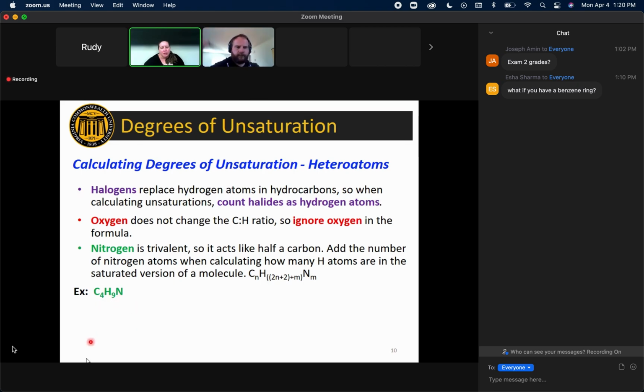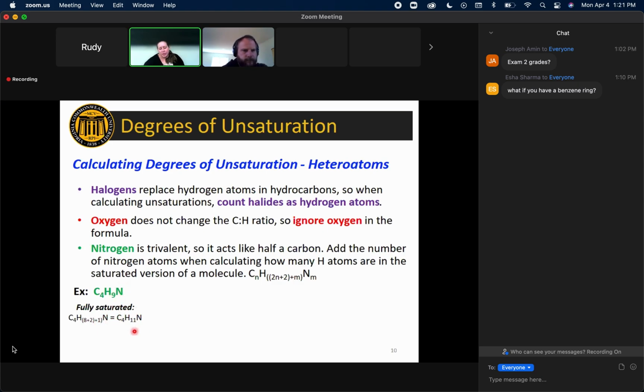So let's do an example. C4H9N. The first thing that we do with our C4H9N is figure out how many hydrogen atoms there would be if it were fully saturated. So if it's a 4-carbon saturated compound, it will follow this equation. So it'll have 2 times the number of carbons, so that's 8, plus 2. And then we have to add this plus 1 for the nitrogen.